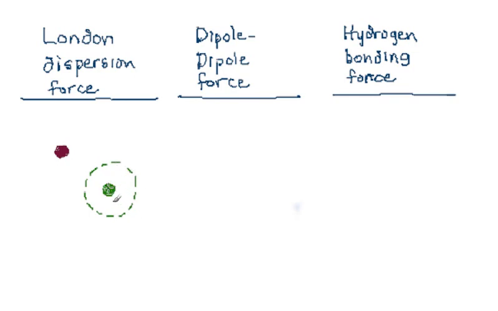So here we have a positively charged nucleus and negatively charged electrons around it. And for the burgundy one, we also have a positively charged nucleus and negatively charged electrons around it. London dispersion force, really briefly, is my protons attract your electrons, and your protons attract my electrons. There's an attraction between the positives of one atom and the negatives of the atom next to it.